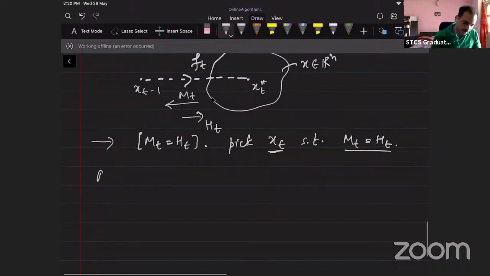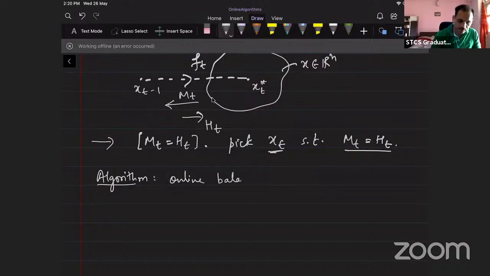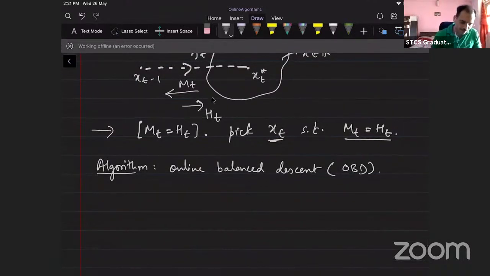The algorithm is called online balanced descent. Let me define it using a level set of function ft. I'm not going to write over and over that all ft's are m smoothly convex.